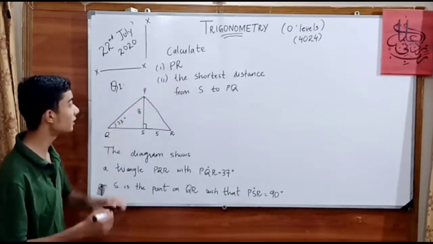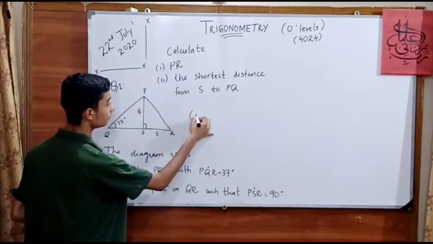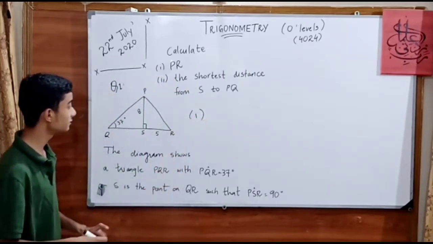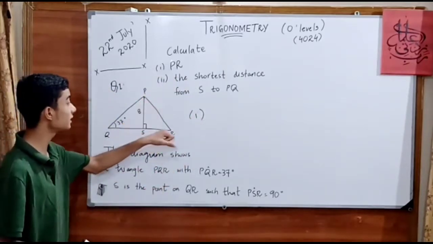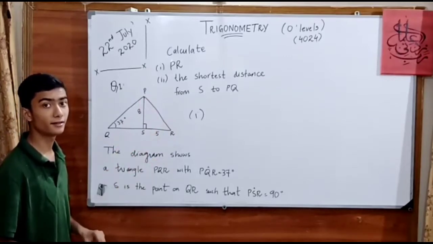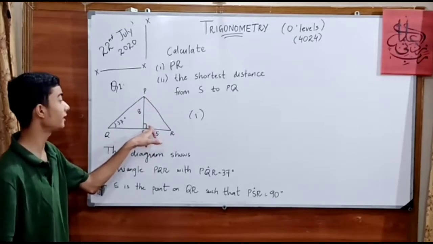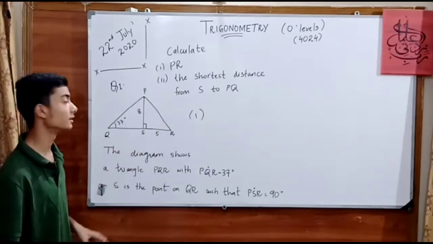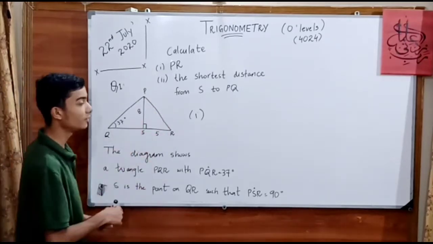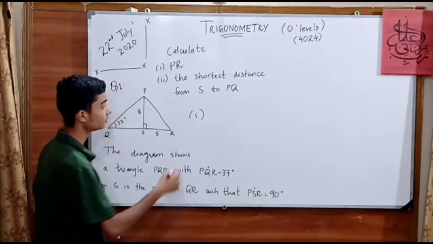For this first part we are going to solve easily, because we can see that the triangle PSR is a right angle triangle, and the side opposite the right angle is the hypotenuse. So it would be much easier, and we can do this by solving with Pythagoras theorem.